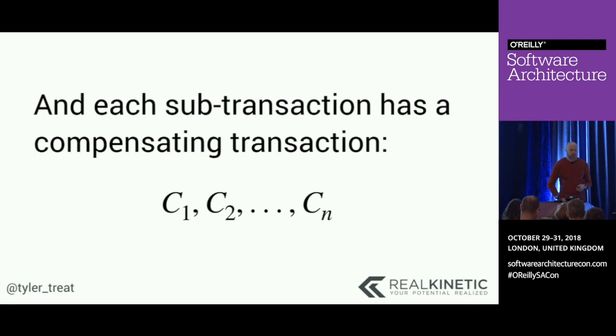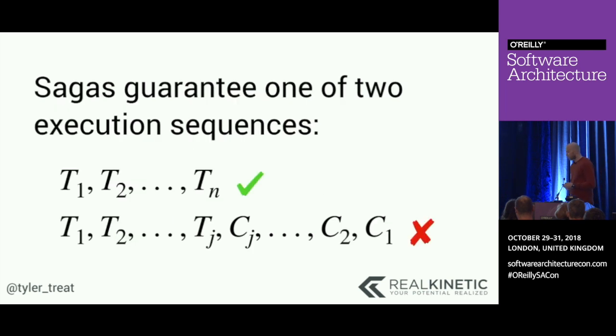And each sub-transaction then has a corresponding compensating transaction that semantically undoes its effects. And so what sagas do is they guarantee one of two execution sequences. Either all of those sub-transactions complete successfully in the happy path case, or a subset of them complete, and then the corresponding compensating transactions are run to return it to a consistent state, to undo the effects.